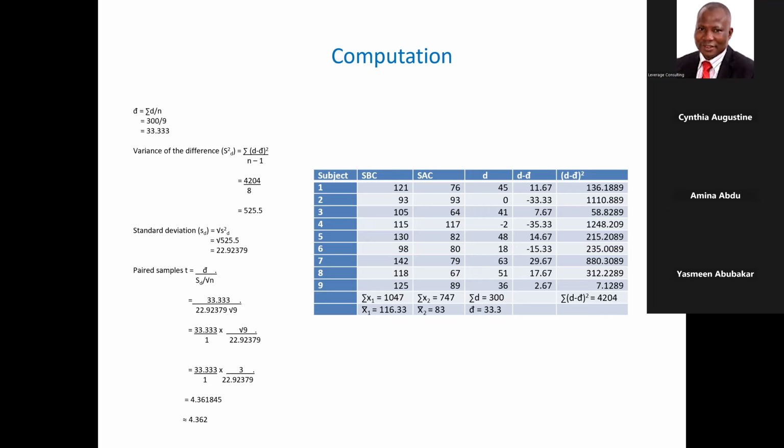For before counseling, if you take sigma X and divide by 9, it gives you 116.33. For after, you can see the average is 83. Averagely, it's lower, it's smaller after counseling.